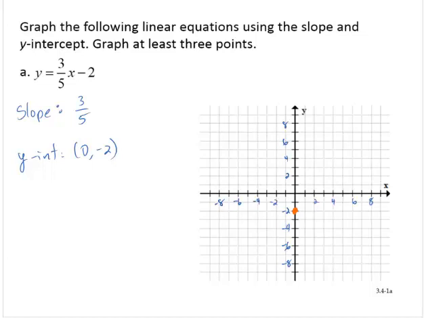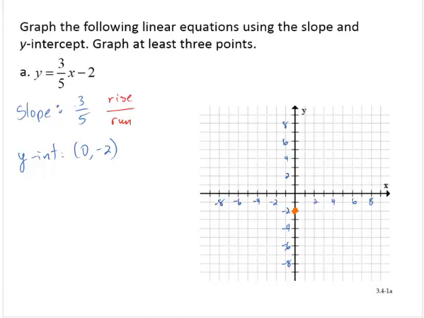Now the slope is 3/5. So if I think of that as a rise and a run, and remember, we think of up for rise. Remember, up is positive. For run, right is positive.